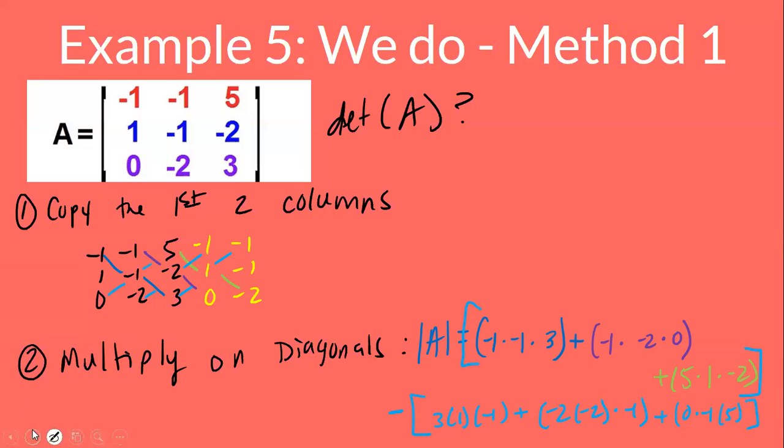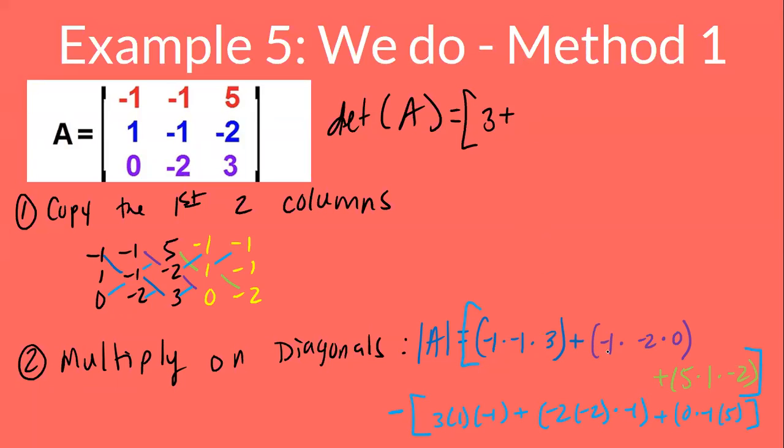So the determinant equals, you're going to find the first values. So we have -1 times -1 times 3. A negative times a negative is a positive. 1 times 3 is 3.